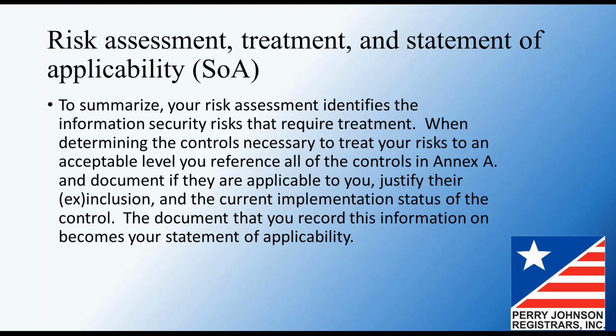Additionally, you want to make sure your statement of applicability is properly controlled and can be identified by revision and date, because that actually is something that will go on your certificate if you become certified for your ISMS. It will have the brief scope statement, and then it will also list the statement of applicability revision and date.